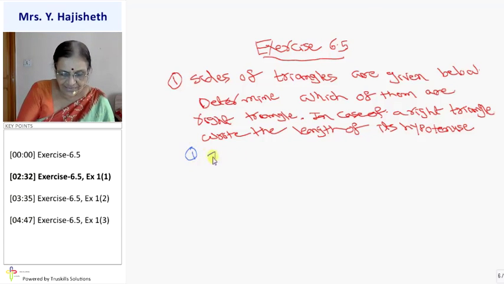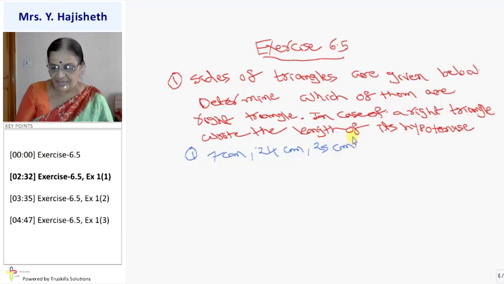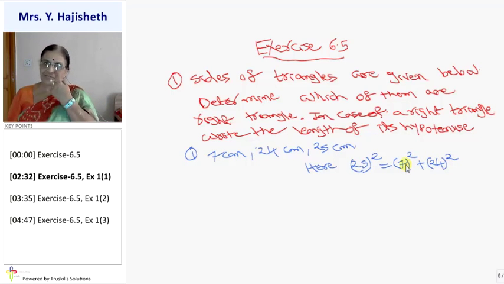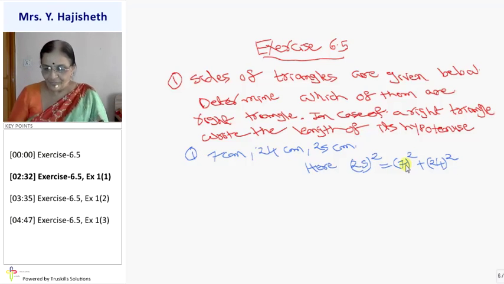First sum: sides are given as 7 centimeter, 24 centimeter and 25 centimeter. Just by looking, we can tell it is going to form a triplet. 25 square is 625, 7 square is 49, and 24 square is 576. So 576 plus 49 is 625. So 25 square is 7 square plus 24 square.